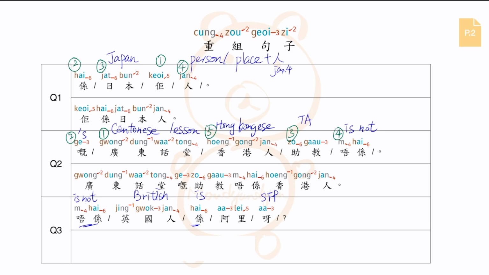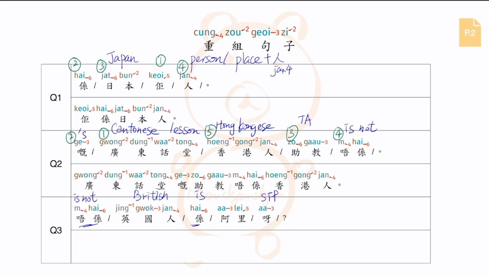And then there are two options only, right? The first one is 阿里係唔係英國人? The second one is 英國人係唔係阿里? In fact, both of them are syntactically correct.